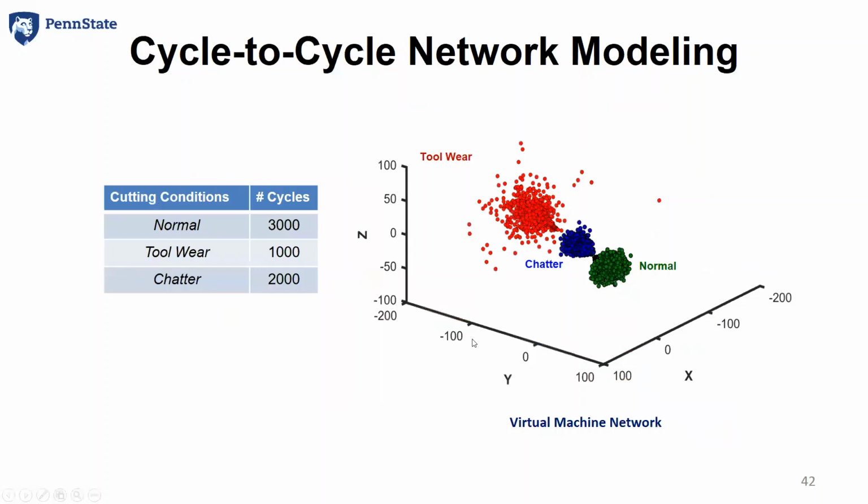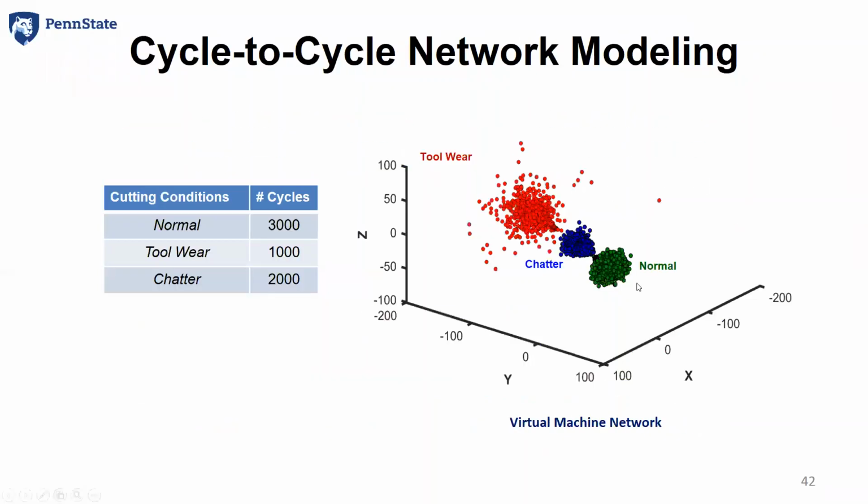So this is a virtual machine network. Although each node is not a machine, it's actually one part after we finish. So these are many parts, about 6,000 parts, and we are embedding them in a network. So this is a very effective and efficient process monitoring tool based on the signal we collect from the machine.